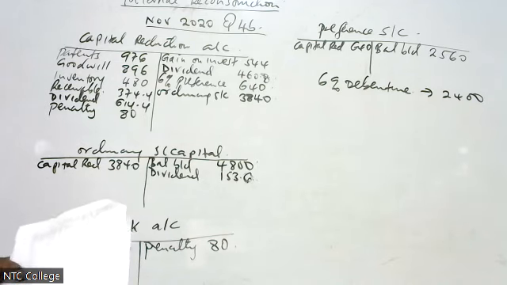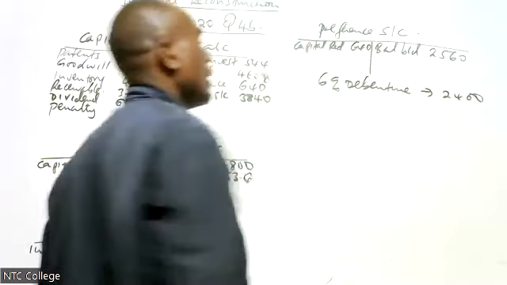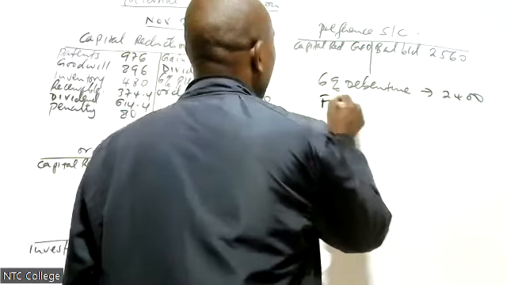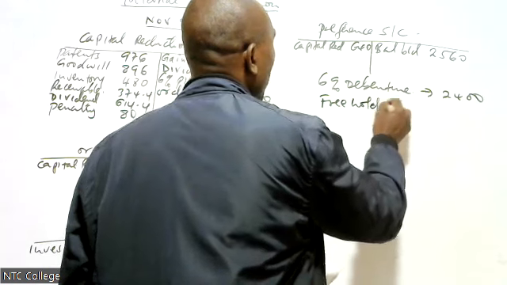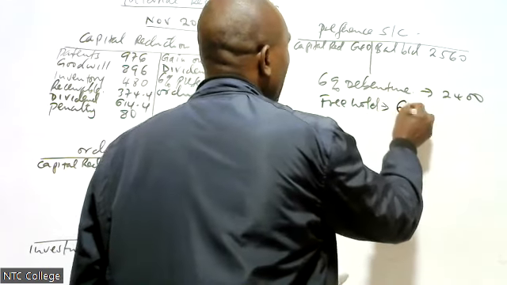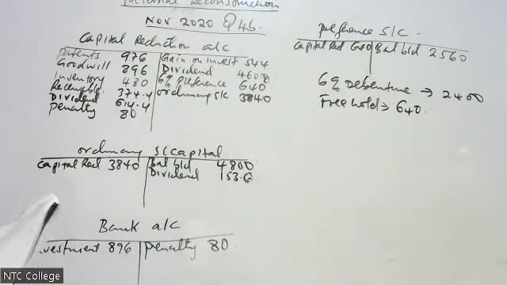Now, what the examiner is saying is that we are going to reduce this amount by giving them freehold. In our books, we take it at 640.